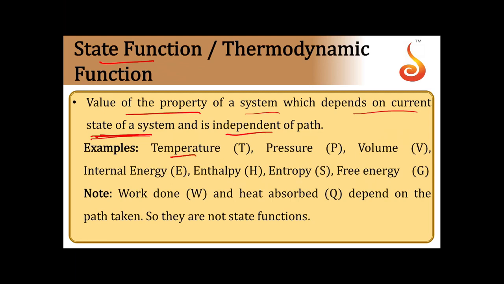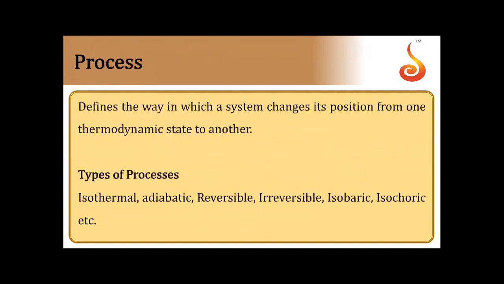So properties such as temperature, pressure, volume, energy, enthalpy, entropy, and free energy come under state functions. And work done and Q, heat absorbed, these two are path functions, not state functions. So work and the amount of heat absorbed or liberated come under path functions.